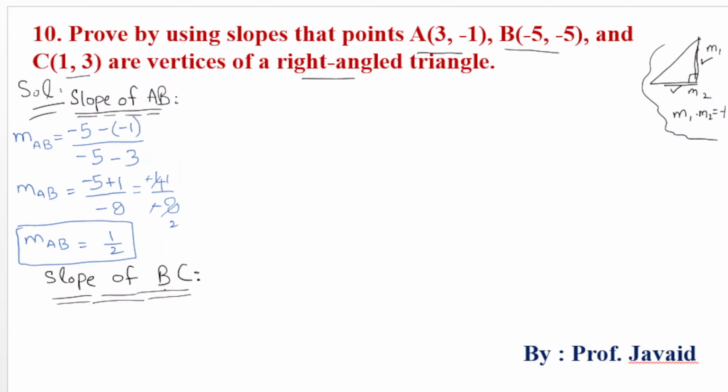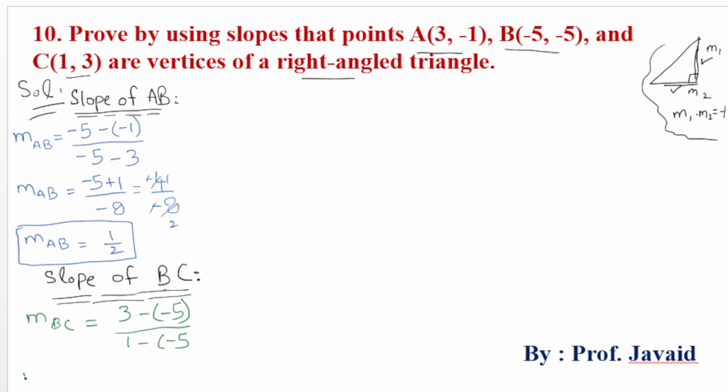Slope of BC equals y2 minus y1, here y2 is C, so 3 minus -5, over x2 minus x1, which is 1 minus -5.